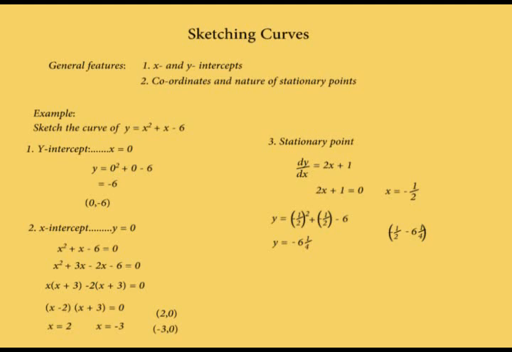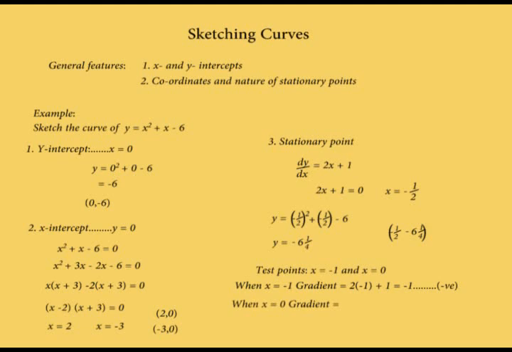Nature of the curve: when x is equal to minus a half, the gradient will be 0. We test the gradient at the neighborhood. We test x is equal to minus 1 and x is equal to 0. When x is equal to minus 1, gradient will be 2 times minus 1 plus 1, giving us minus 1, so it's negative.